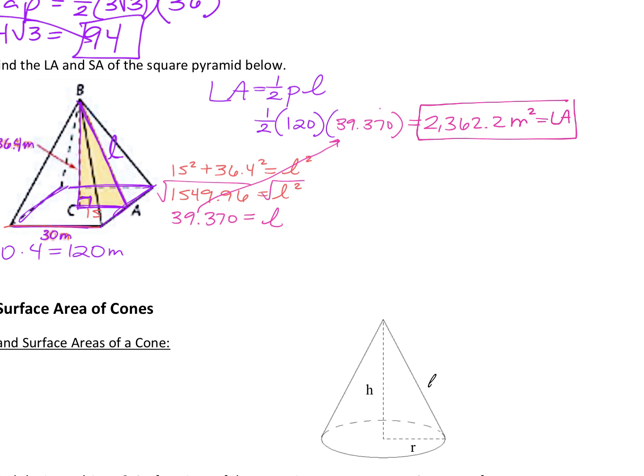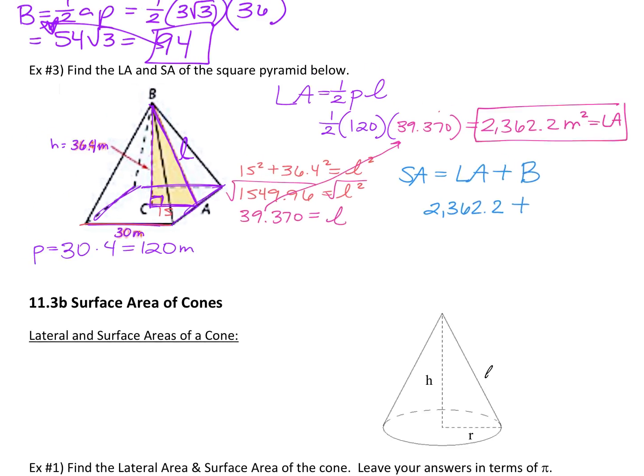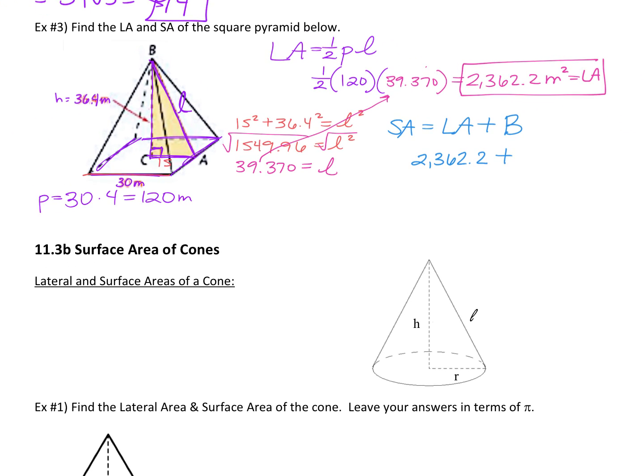Now your surface area is your lateral area plus how many bases? 1 base. So it's going to be that number, 2,362.2. Okay, and then we've got to figure out the base. How do you find the area of this base?